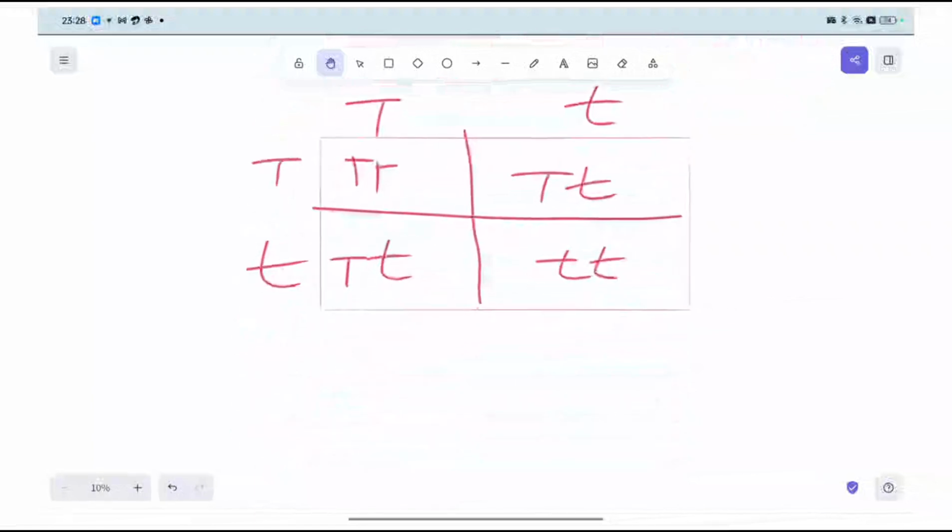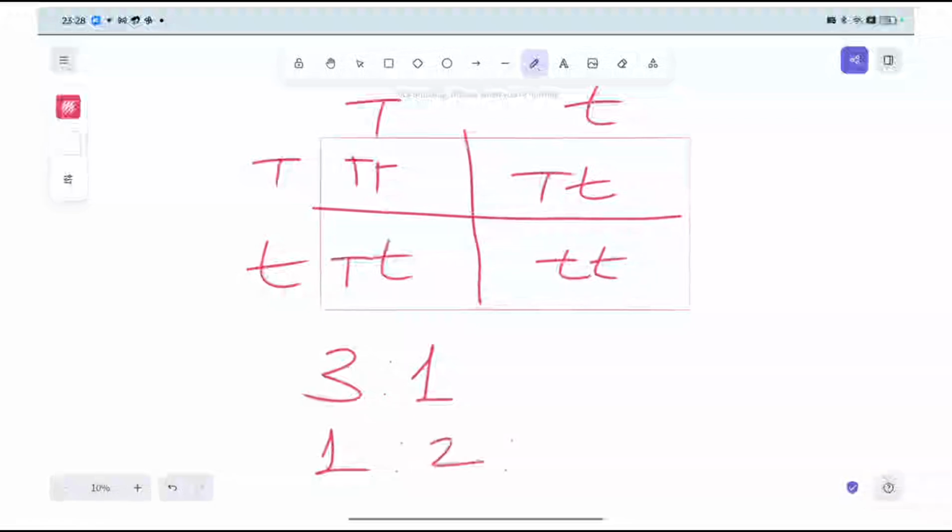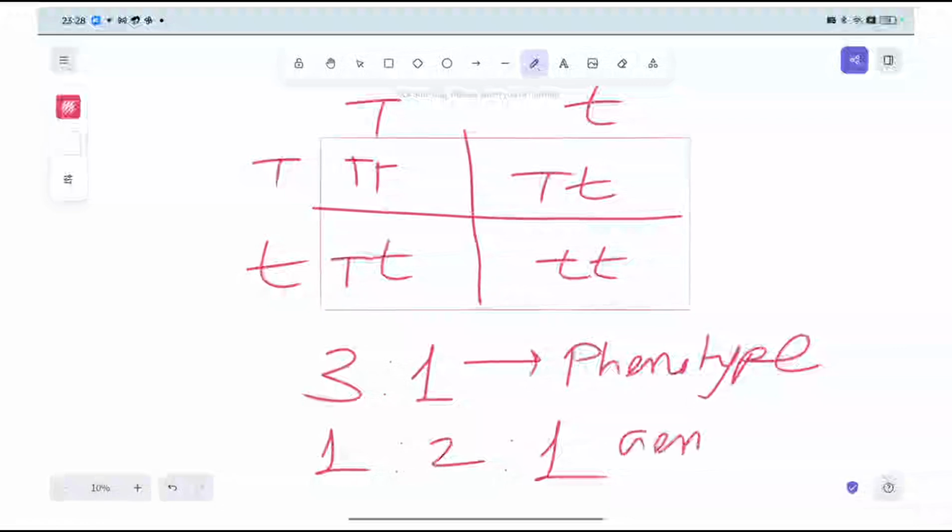The phenotypic ratio we get is 3:1, whereas the genotypic ratio we get is 1:2:1. So this is the famous Mendelian 3:1 ratio. An important thing is that the F1 generation consists of tall plants, but 2/3 are actually heterozygous, capital T small t, and 1/3 are homozygous, capital T.